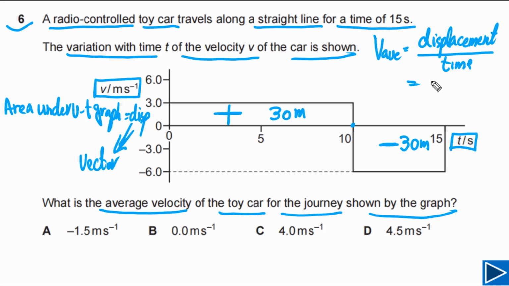So the net displacement is 30 minus 30 meters divided by time taken. The total time taken is 15 seconds, so our final answer is 0 meters per second. Average velocity is equal to 0 because the net displacement is equal to 0. So the answer for this question is B.